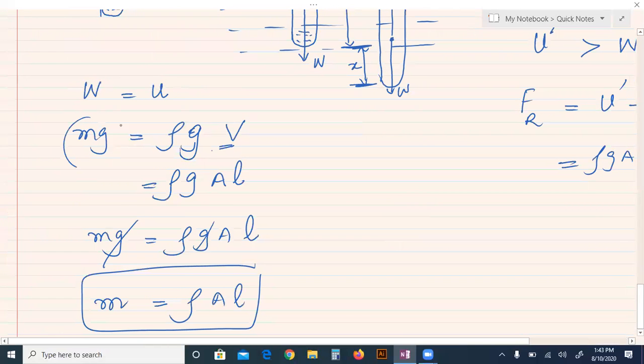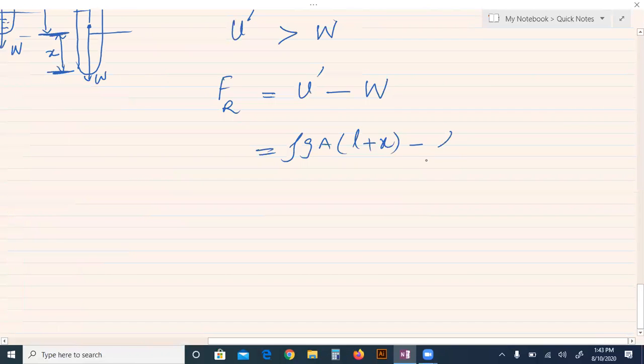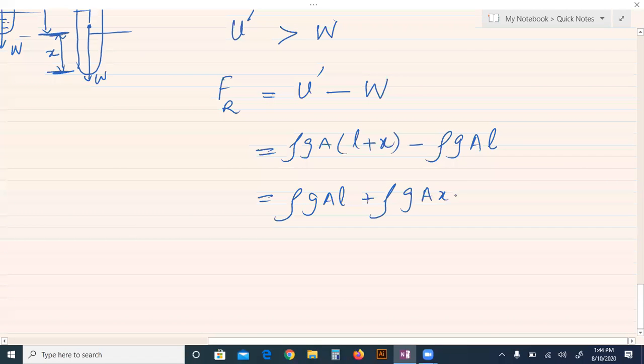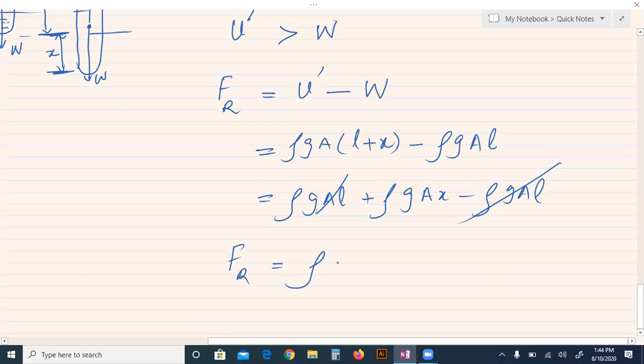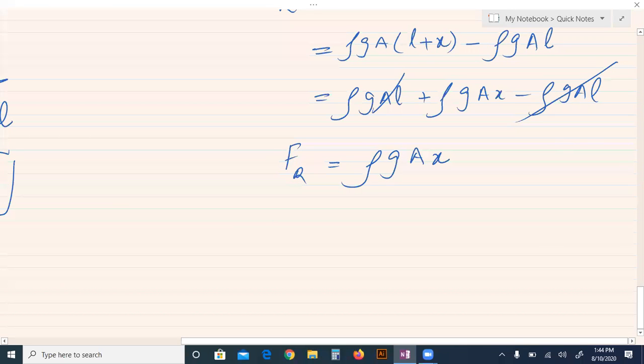Look, mg is the weight, which is equal to rho g AL. Now simplify it: rho g AL plus rho g Ax minus rho g AL. This cancels. So the resultant force is equal to rho g Ax. This is the resultant force.